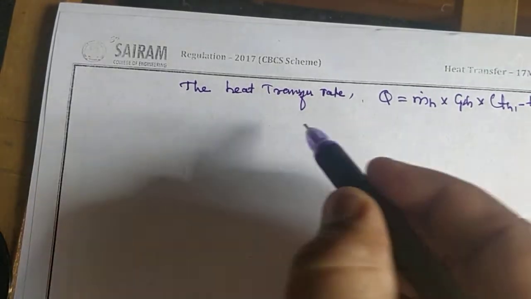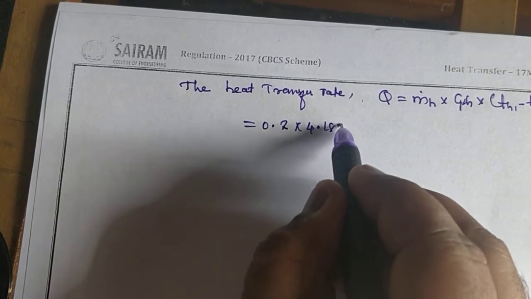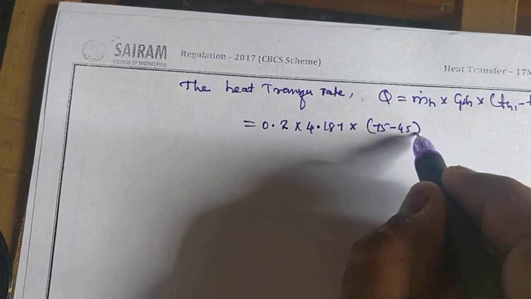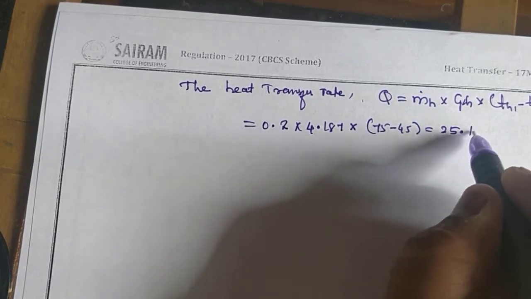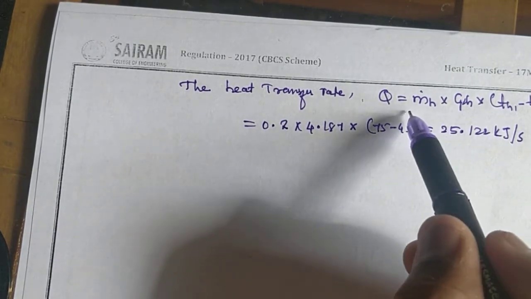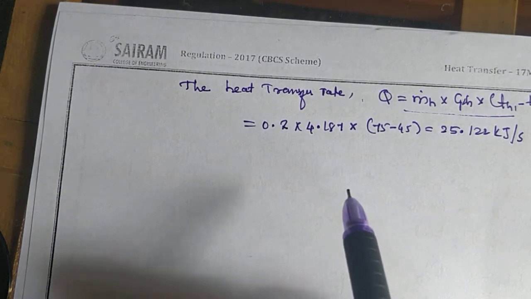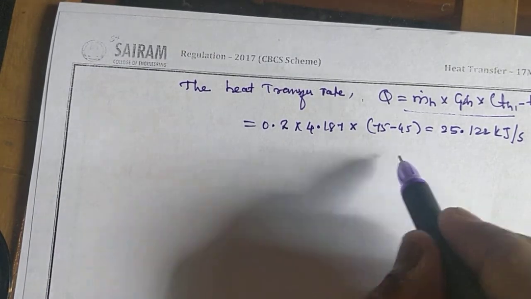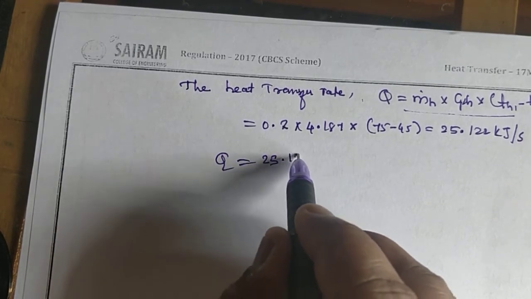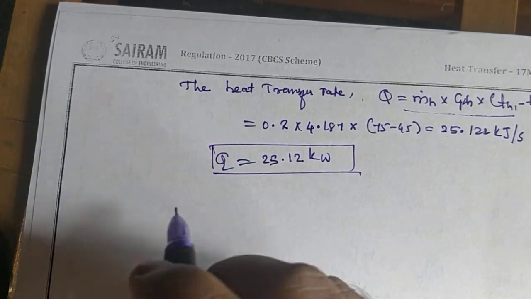That is 0.2 into 4.187 into 75 minus 45, which is 25.12 kilojoules per second. You substitute all these values and you will get this answer. So Q is equal to 25.12 kilowatts. Joules per second times 1000 means kilowatt.